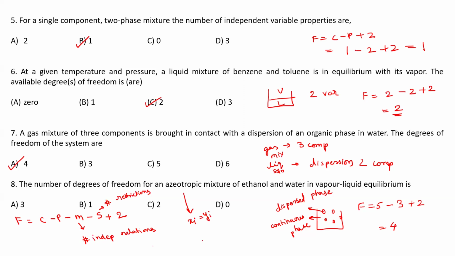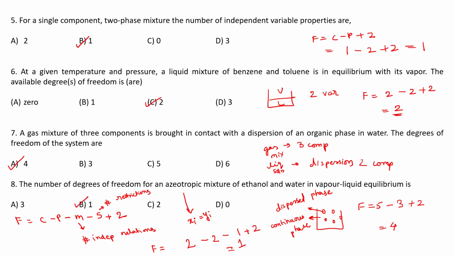So 2 compounds minus 2 phases, in vapor and liquid equilibrium, minus the number of restrictions, is 2 minus 2 plus 1, which is equal to 1. So only 1 degree of freedom is required.